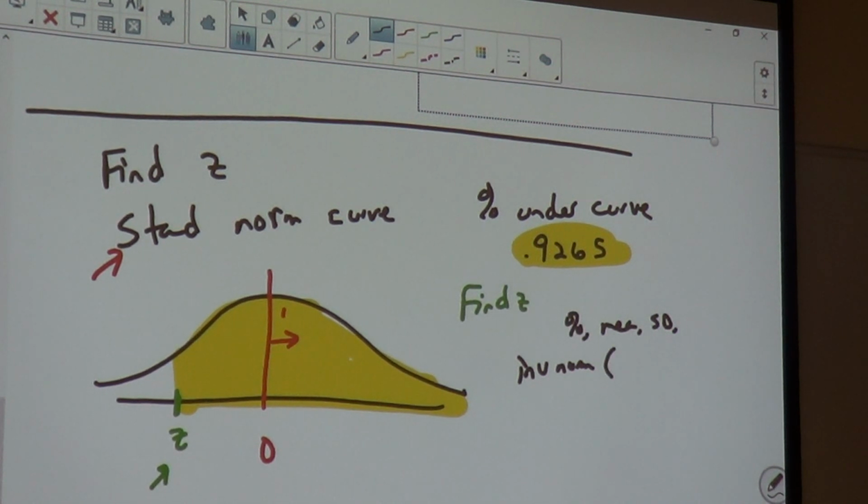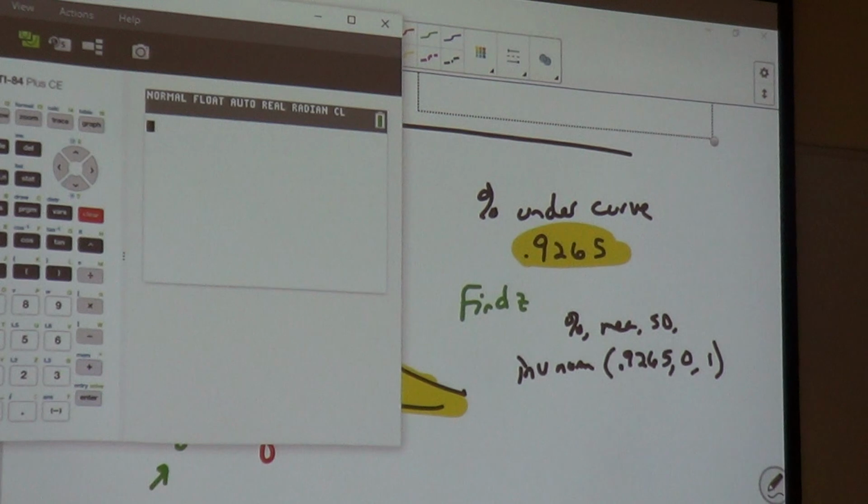So what is my percent as a decimal? 0.9265. What is my mean? And what is my standard deviation? Okay. Now, when I go to do this in the calculator, I'm going to do second enter, I'm going to back that thing up, and it's 0.9265, comma 0, comma 1.